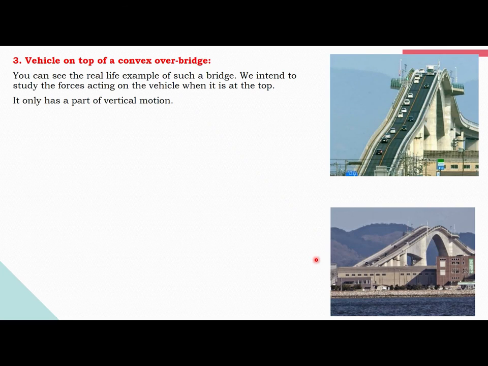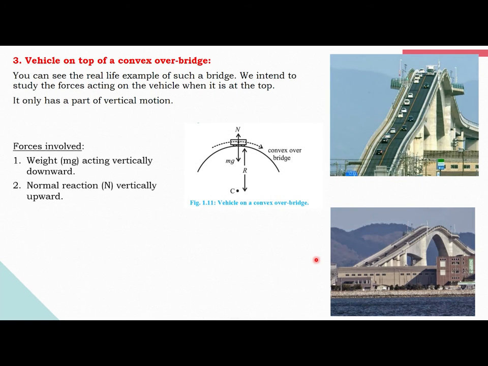So you can see a real life example, such as a bridge. We intend to study the force acting on the vehicle when it is at the top. It only has part of a vertical motion. Then let us see how many forces are involved here.